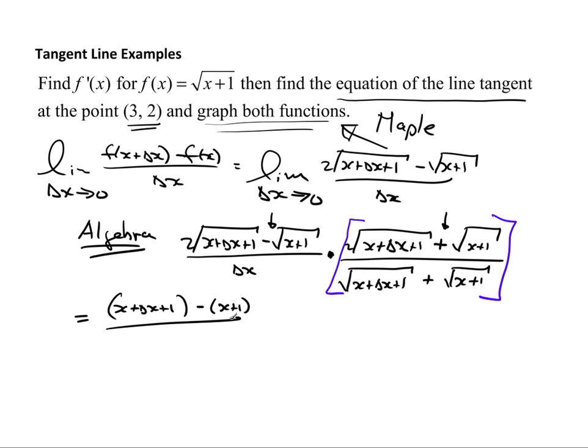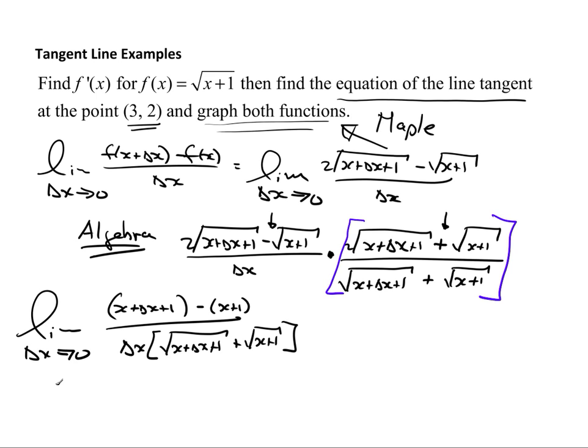In the denominator, I will still have my delta x sitting here, and that will be multiplied by the square root of x plus delta x plus 1 plus the square root of x plus 1. So I'm going to erase this equals here, and I'm going to put in here the limit because I really want to take this limit as delta x goes to 0.